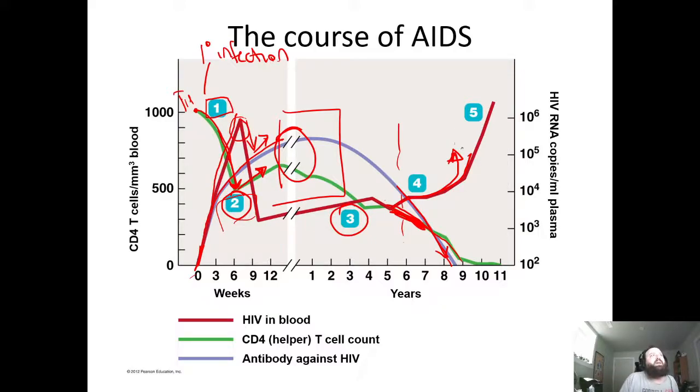And at some point here, you reach 5, which is where the immune system is just totally compromised, and now all these other harmful diseases, not the HIV virus itself, but other normally harmless diseases that would not cause any trouble to a person that doesn't have HIV/AIDS, will now have a bunch of things wrong with them. You know, colds could now kill you. You may be exposed to certain bacterial infections that normally wouldn't infect a healthy person, but can infect an HIV/AIDS patient.